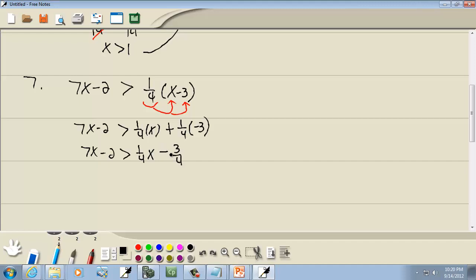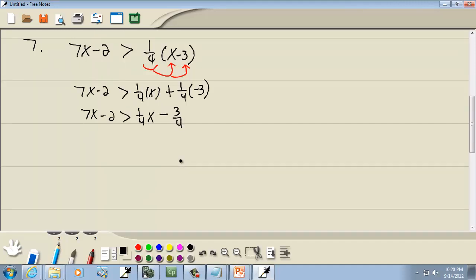Now second step. There you go. Second step is we want to get rid of fractions. So multiply everything by the LCM of all our denominators. Now we got two denominators, but they're the same. They're both 4, so our LCM would be 4.